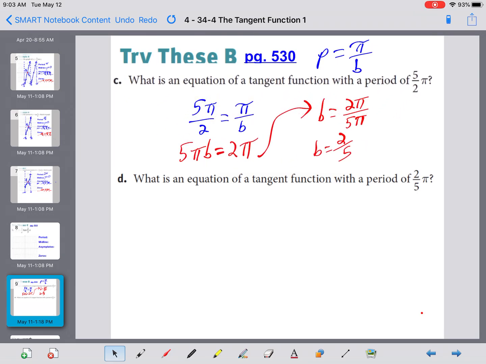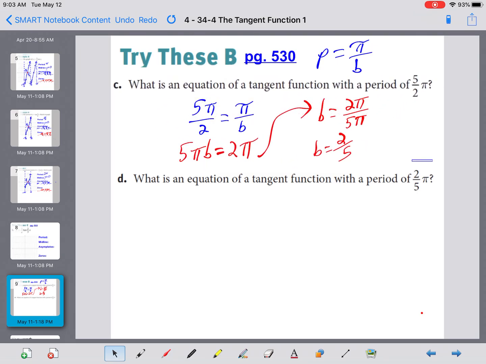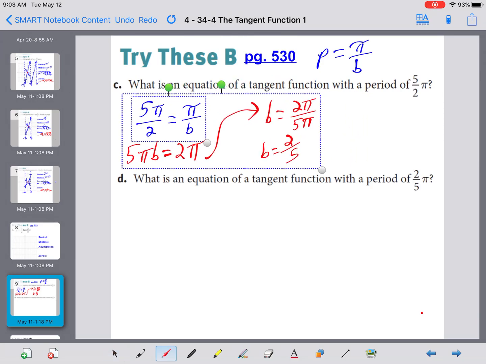There we go. All right. So my equation then is y equals tangent of 2/5 x. The b value is the value that goes in the equation.